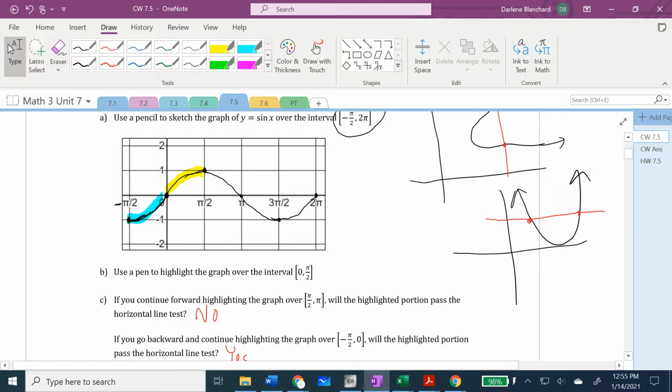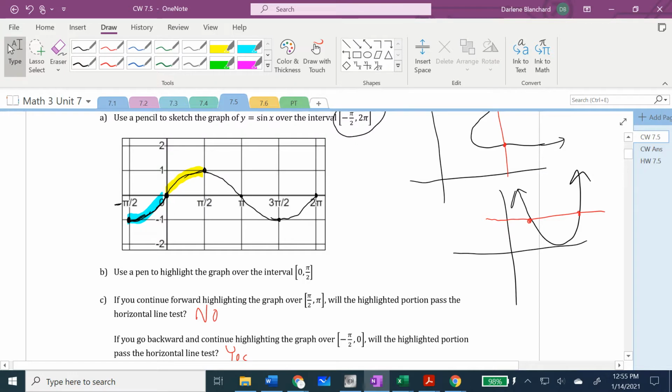But you want to take the longest stretch of the graph that will pass the horizontal line test. And what you're going to find as we go through all 6 graphs is that it's either going to pass the horizontal line test if you continue it to pi and do the 0 to pi range of angles, or if you instead go backward to negative pi over 2 and use negative pi over 2 to positive pi over 2.